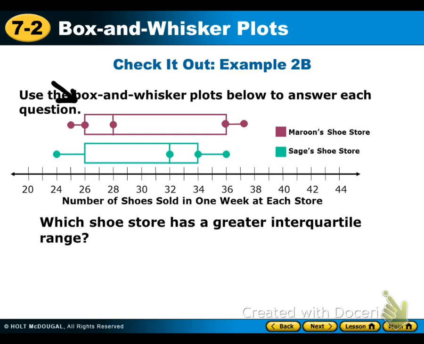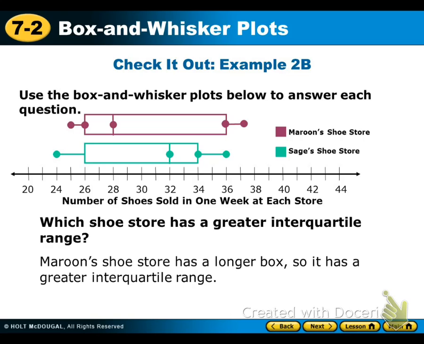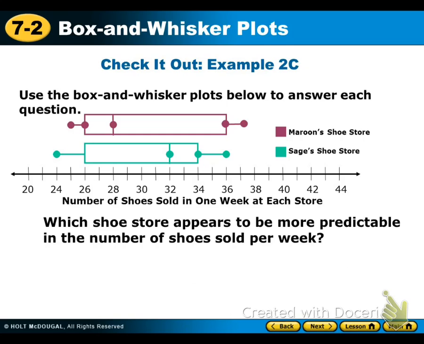Okay, we're looking here, and here, and here, and here. Very good. Okay, so which shoe store has a greater interquartile range? Well, maroon shoe store goes from 26 to 36, while Sage's shoe store only goes from 26 to 34. So which has the greater interquartile range? Maroon shoe store, because it's got the longer box.